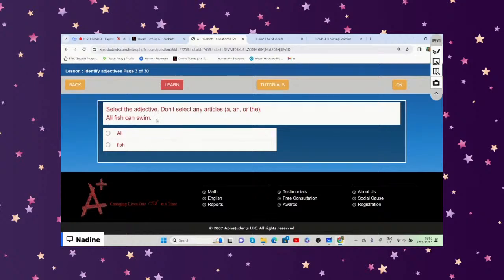All fish can swim. Is our adjective all or is our adjective fish? And does it answer the question, what kind of fish? Or does it answer the question, how many fish?